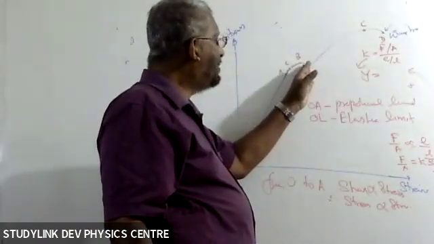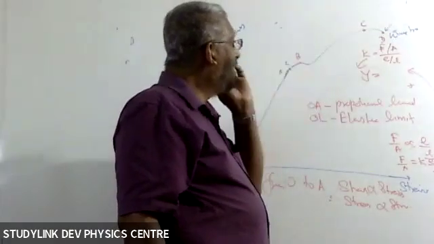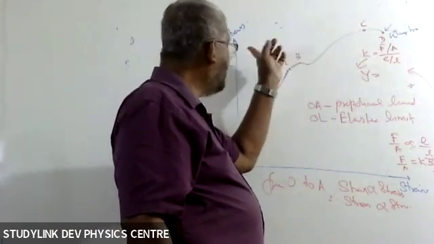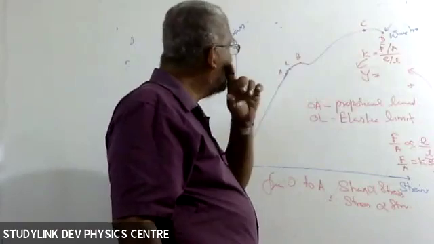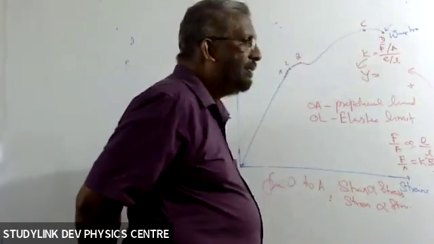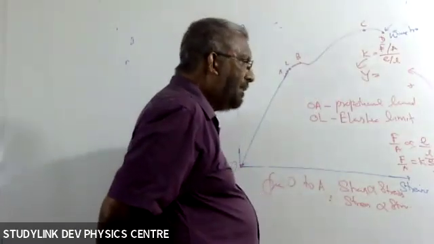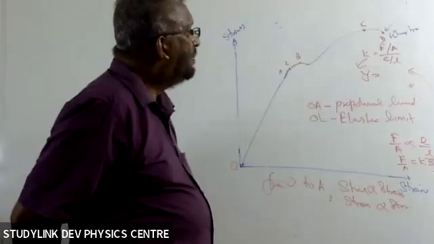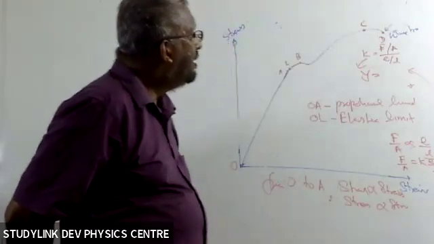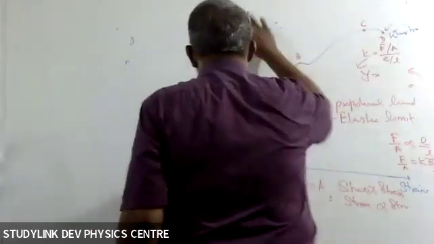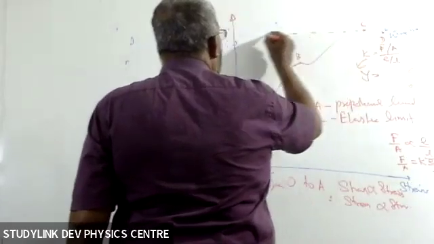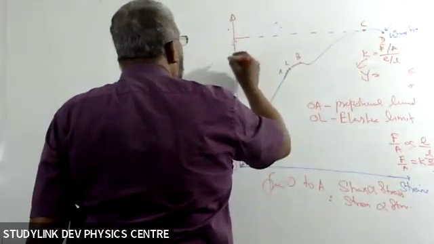Then right after that point, the strain increases. That means extension increases, but not in a particular method, but it reaches a maximum value at C. Maximum value at C. That is called maximum stress.